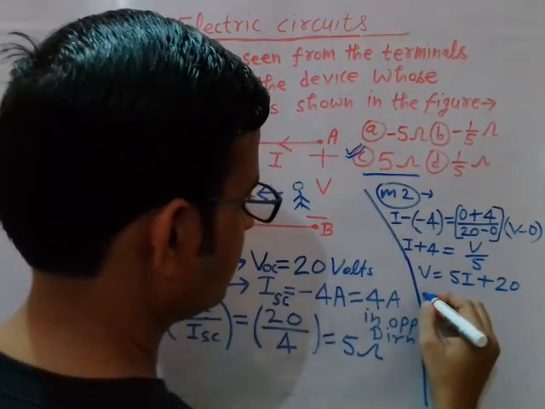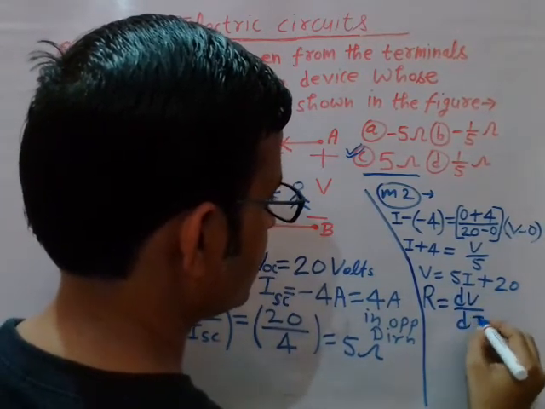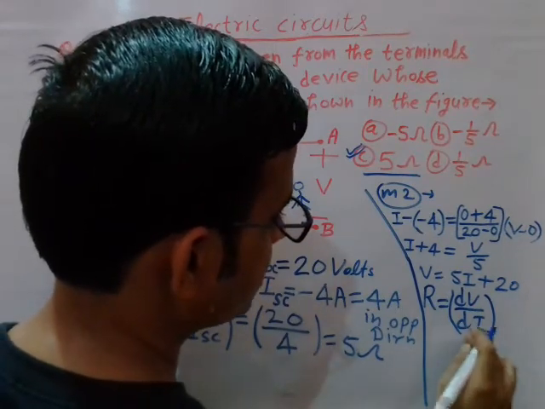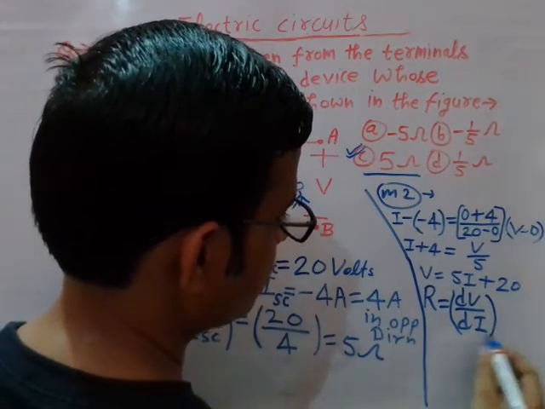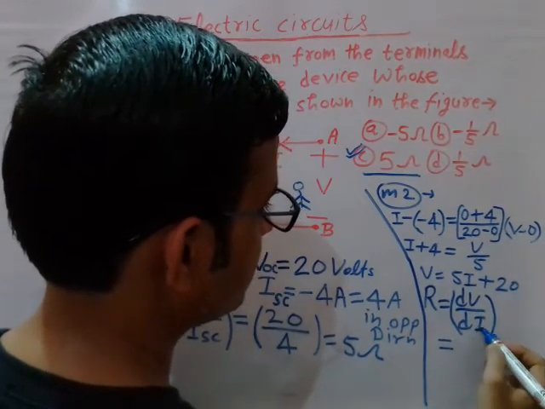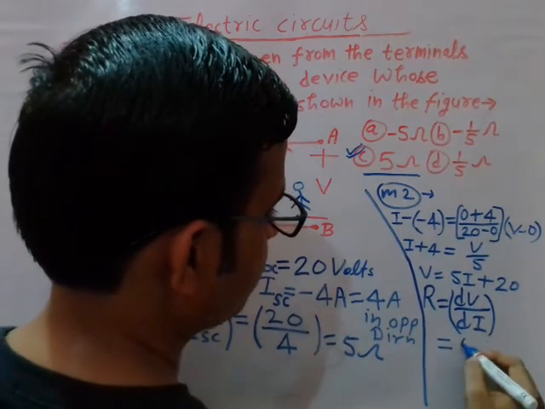Resistance will be nothing but dV by dI. So take this differentiation, dV by dI, to get the desired value of resistance. When you differentiate with respect to current, you will get 5 ohms, right?